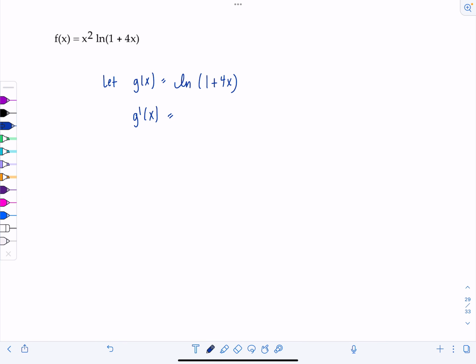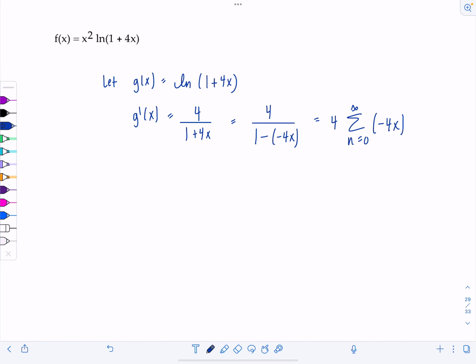So the derivative of ln of 1 plus 4x is going to be 1 over 1 plus 4x times 4 by the chain rule. Can you write a power series for this guy? Oh yeah, I can, because remember, it's 4 over 1 minus negative 4x. So that's 4 times the sum, n equals 0 to infinity, negative 4x to the n.